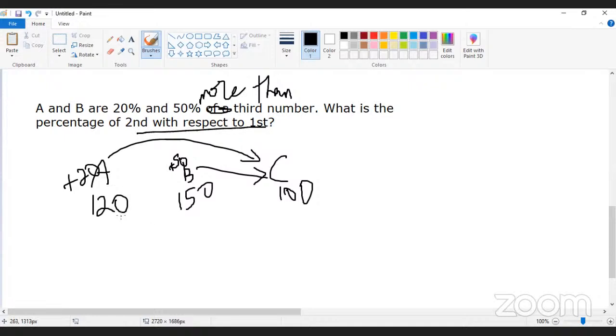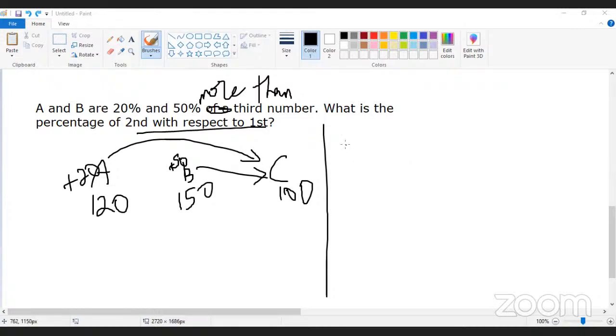Okay, now I want to find the percentage of second with respect to first. That means I'll do 120 divided by 100. It's already given 20 percentage more. Just check your question again. Is there any other statements? Percentage of the second one with respect to the first one. 20% is more, that means 120%.